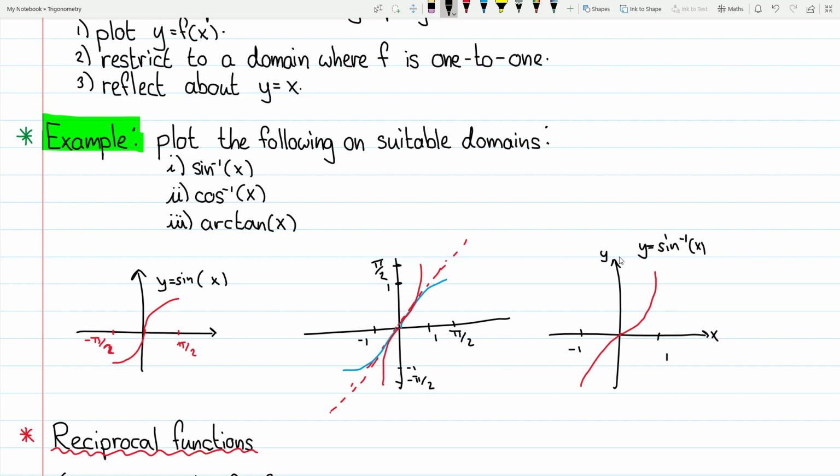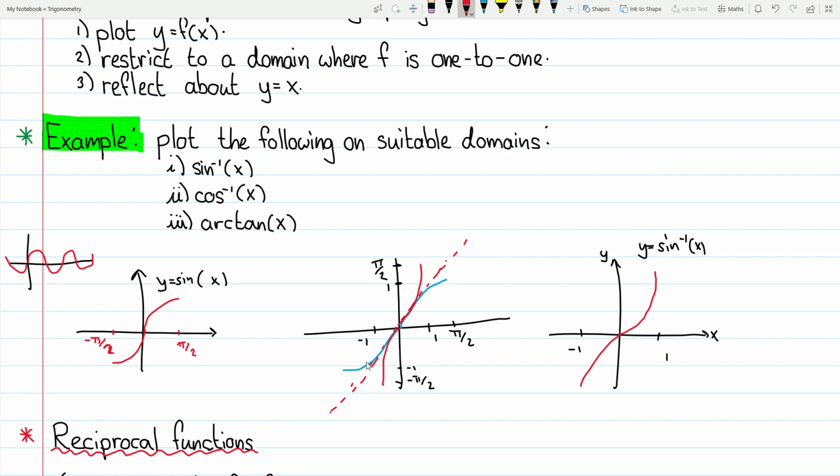I'll take a step back for a moment. Again, what have we done? We've taken our sine function and restricted it to a domain where it is one-to-one. Notice that it takes every value in its range exactly once. Then we've drawn this half line and reflected the sine function.